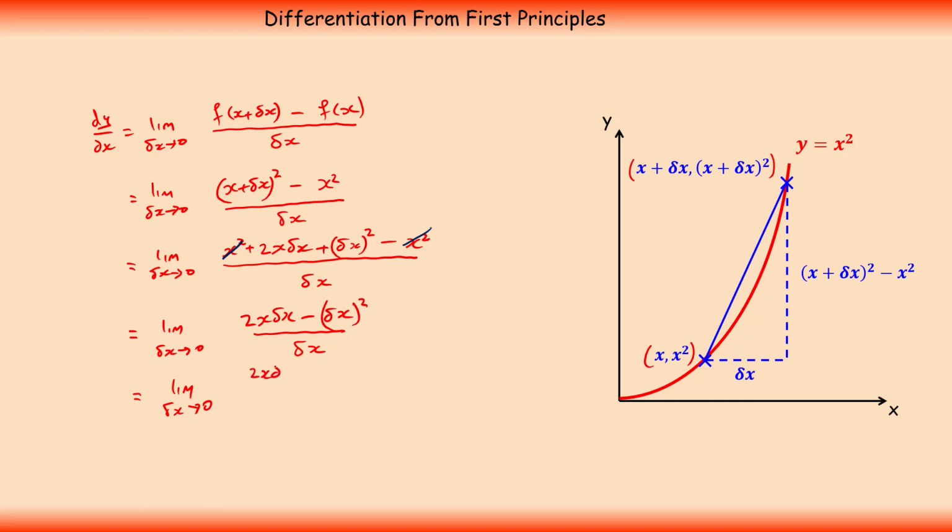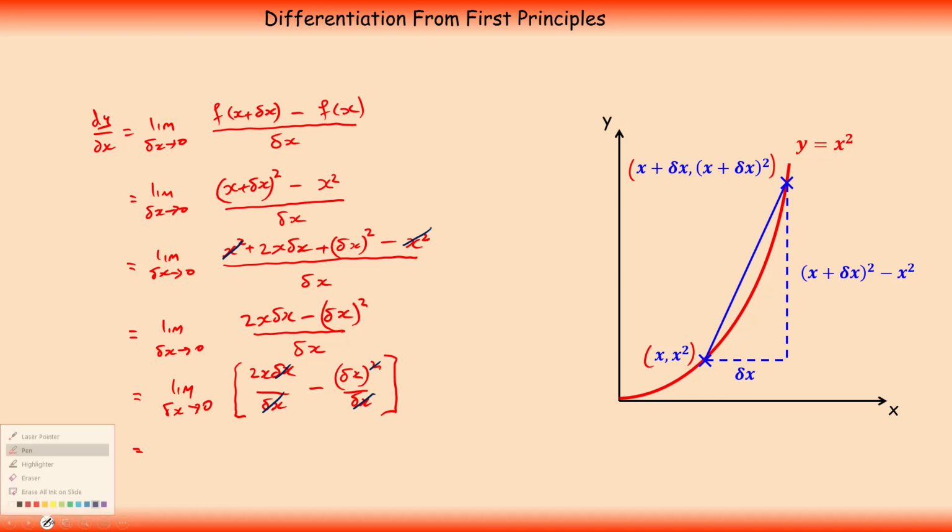So we've got 2x delta x over delta x minus delta x squared over delta x. If we put square brackets around them, it's going to be equal to, well, we can cancel. Delta x cancels with delta x there, and the delta x on the bottom cancels with one of the delta x's on the top.